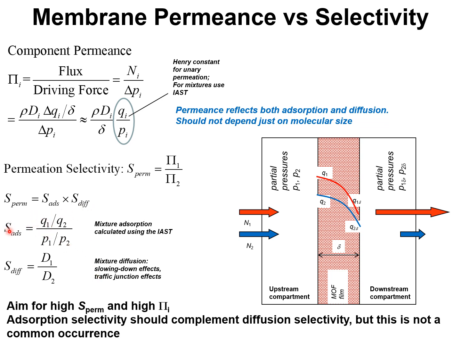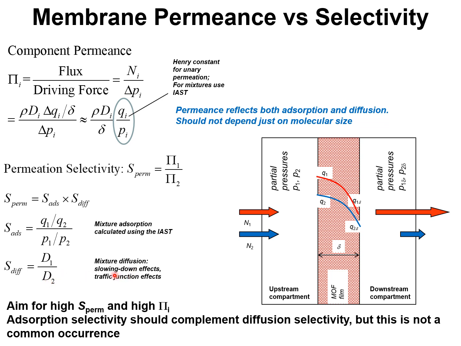That is, the adsorption selectivity is Q1 divided by Q2 and divided by P1 divided by P2, and this can be calculated using the ideal adsorbed solution theory. And the diffusion selectivity is the ratio of the diffusivities of component 1 with respect to component 2 in the mixture. They are not necessarily the same as the ratio of the unary diffusivities, as we shall discuss.